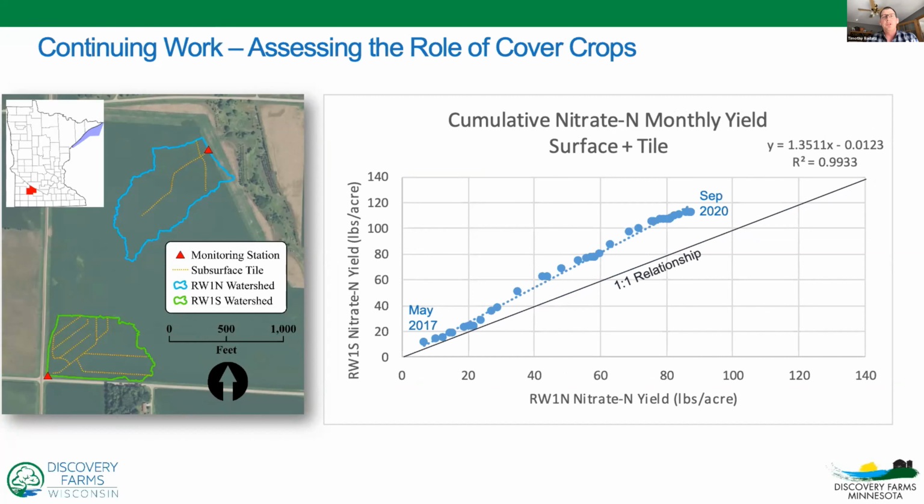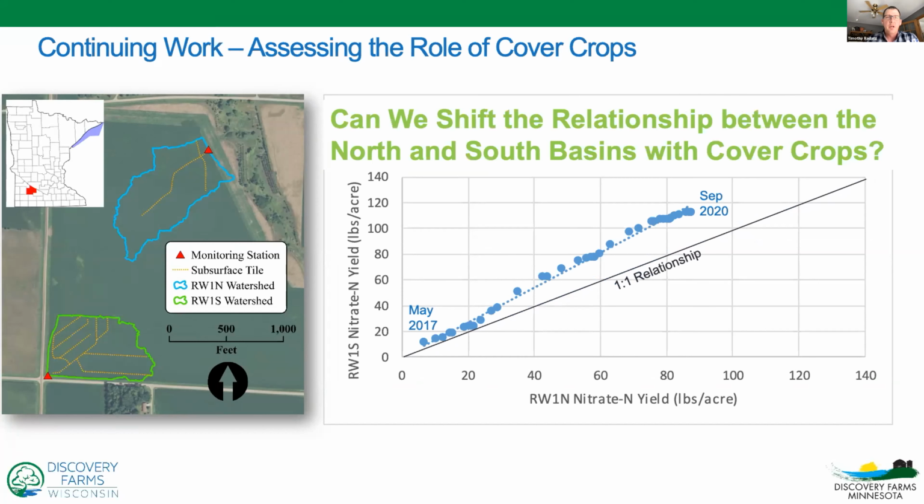So as we move into the future, when we look at the next 3 or 4 years, we're going to be looking at if we can shift this relationship between the two basins with cover crops, with that flown on application of cover crops. So if we see a similar relationship in this next 3 or 4 years, we're not going to determine an impact of cover crops.